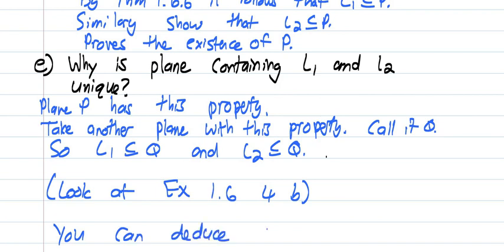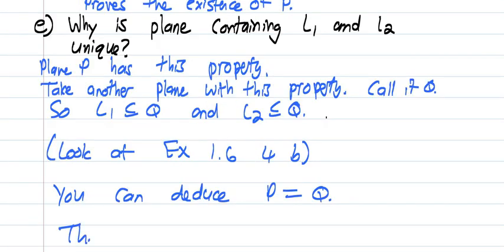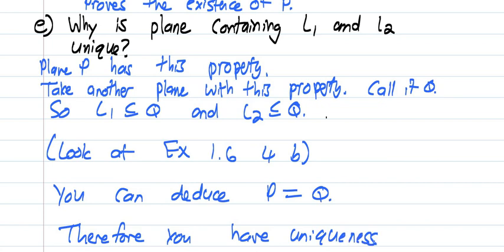So I'm outlining the logic. You can deduce that P equals Q, and therefore you have uniqueness. So this is something new that you might not have seen in 114. To prove this, we first have to show that the plane P exists, and this is what we've done from A to D. Once we've done that, we say, okay, let's say we have another plane with this property, Q. It could be the same one, it could be a different one.